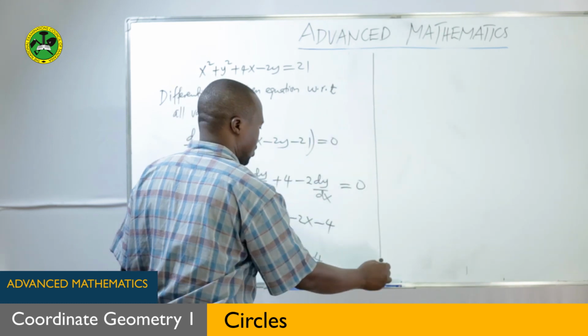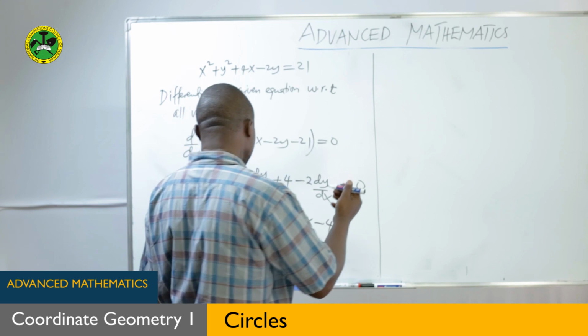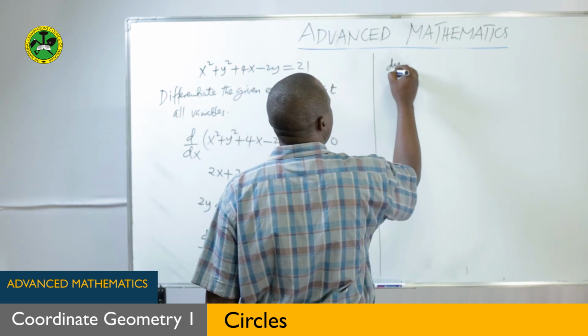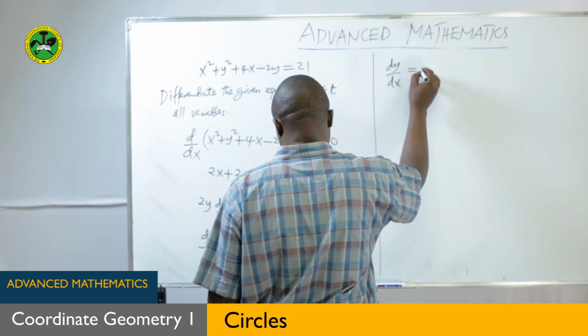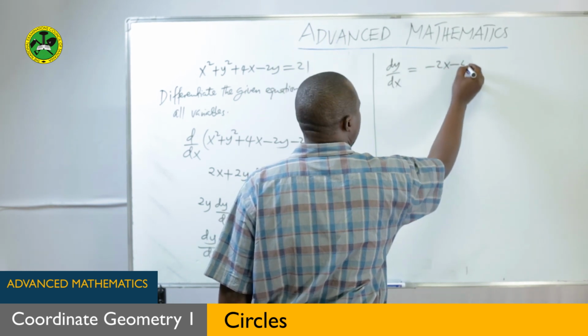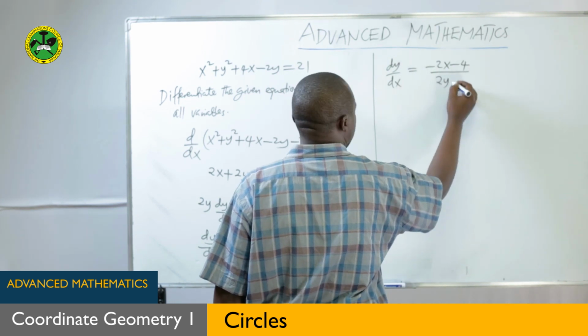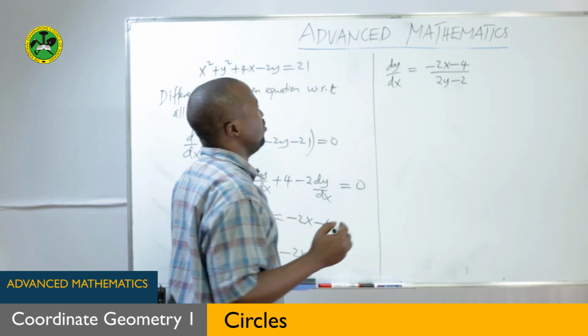So in this case, we divide by 2y minus 2. So we are going to have dy over dx is equal to 2x minus 4 over 2y minus 2.